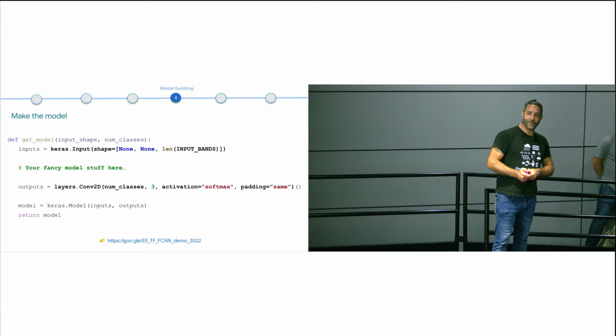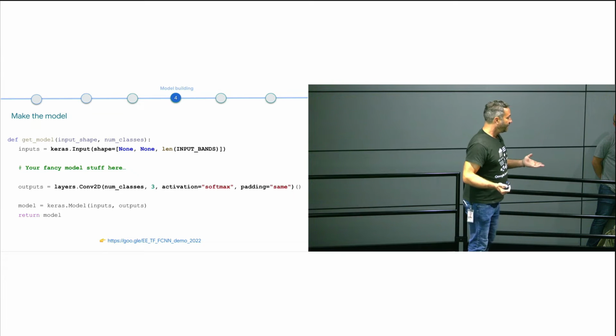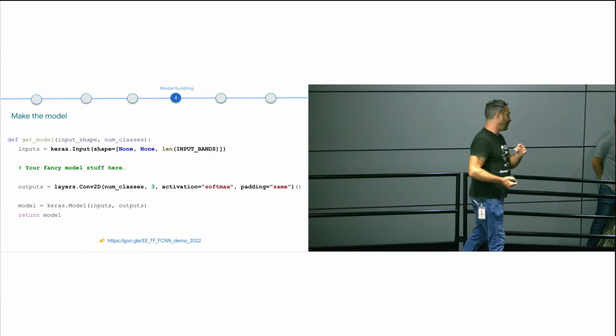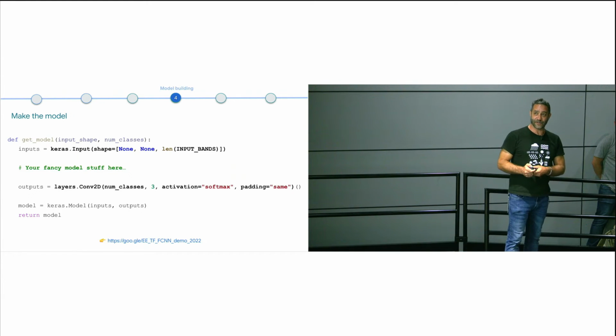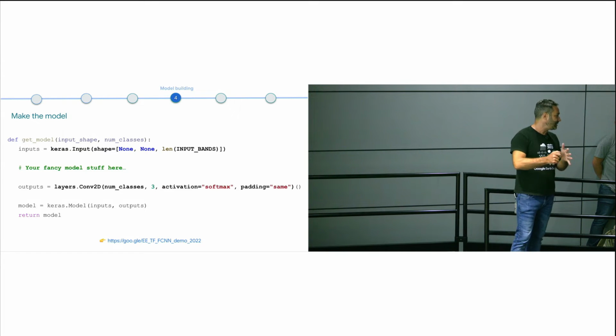So note, I've left the first two dimensions, the height and width of the patch, blank, so that you can use whatever you want at predict time. But the model is trained on 128 by 128 by 9 patches, and you are expected to have 9 inputs here. So the patch size can vary, within constraints of the model architecture, but it's going to expect 9 bands.